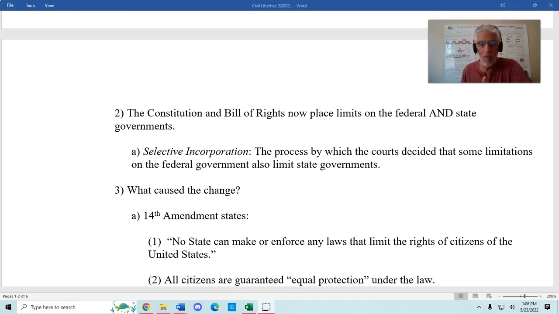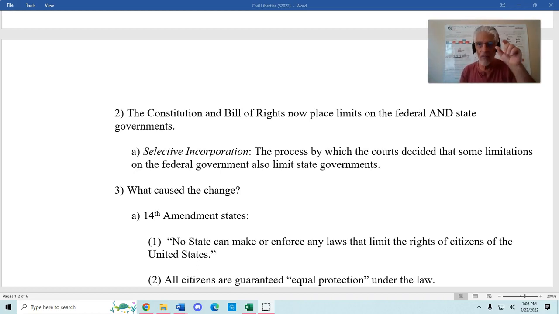Well, that is the process of selective incorporation, where it isn't the case that the courts have said in one big decision, by the way, hey everybody, every limitation placed on the federal government also limits state governments. That's not the way it worked.